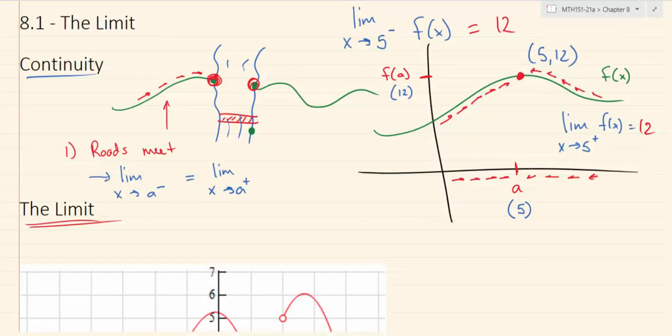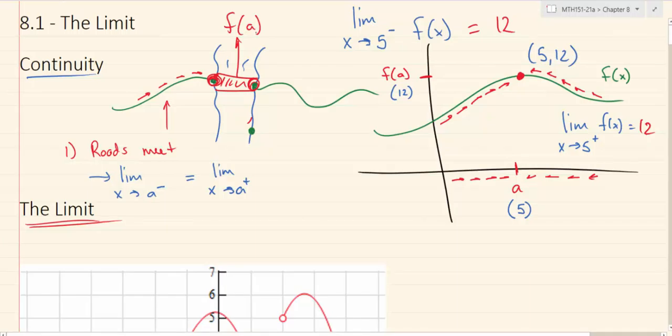In addition to our roads meeting at the same spot, we need this bridge to be in the same place as the roads. Well, this bridge is really f of a. It's the actual value. So when we're talking about limits, it's like we're approaching it, but we're never getting there, sort of like an asymptote. What is f of a? Not what's the limit as it approaches, but right at the point 5, what is the value of y?